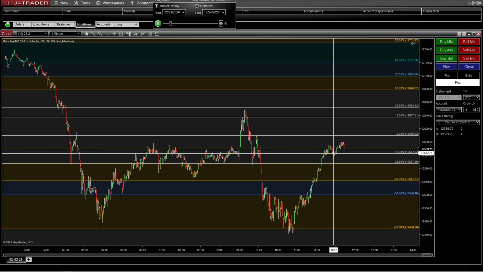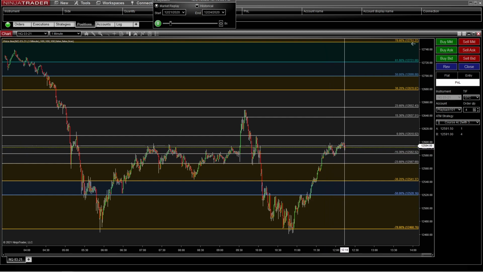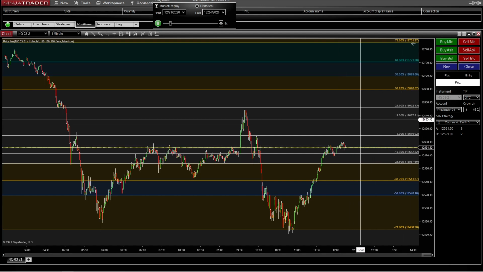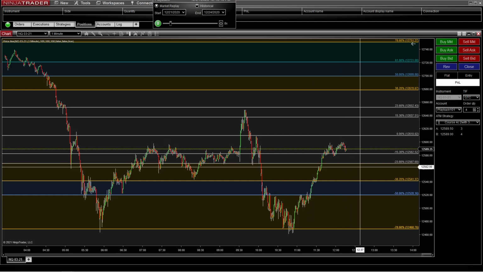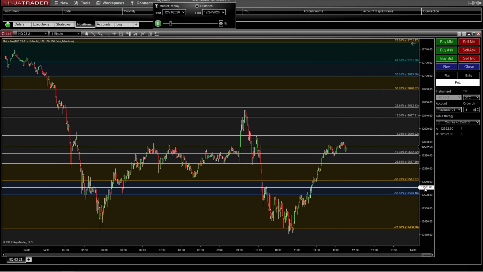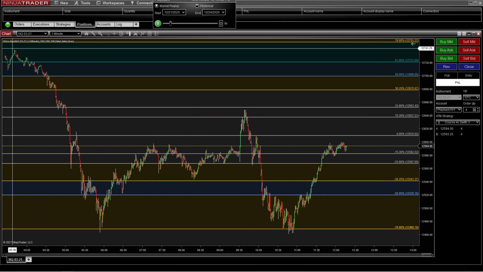We went up, we pulled back, we went up, we didn't break it, so it's probably going to pull it down. But I wouldn't be in a short or long here. This is all range, but it's probably going to break down. That's what I would guess it's going to do, because we're making lower highs.